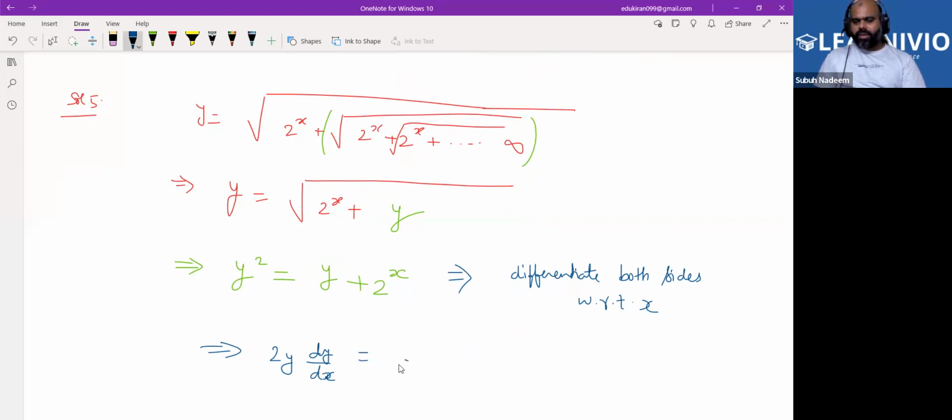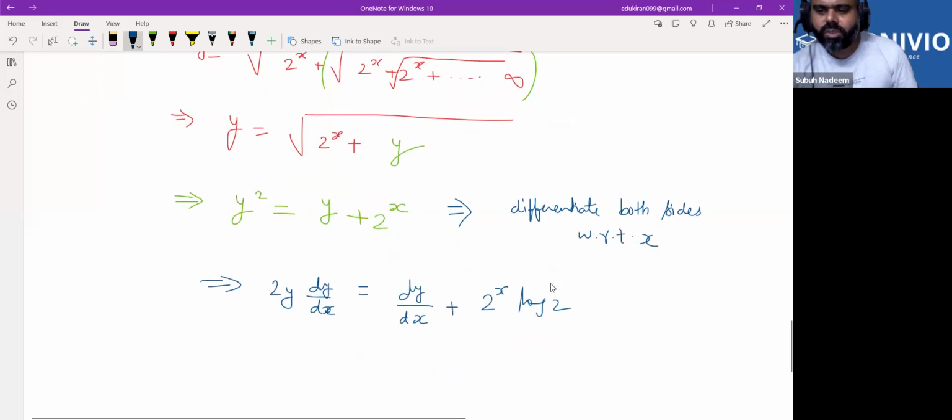And here it will be dy by dx again. Here we have applied the chain rule. That is y square will become 2y and then y will become dy by dx. And this is simply dy by dx, and this is 2 to the power x, which is 2 to the power x log of 2. That is the derivative of a to the power x.